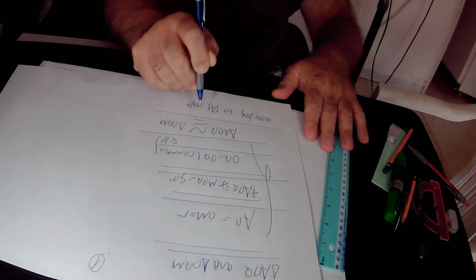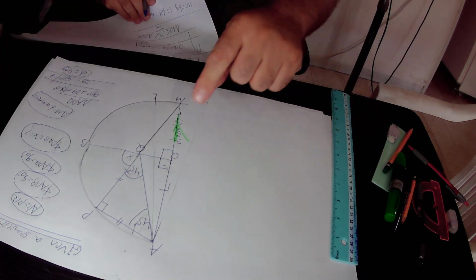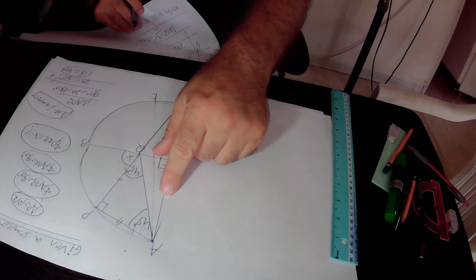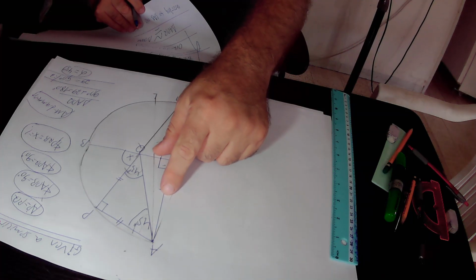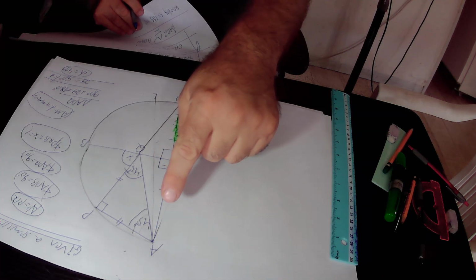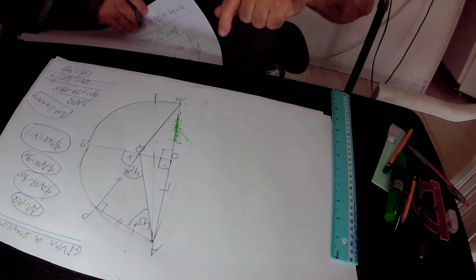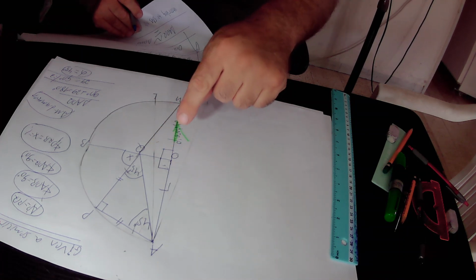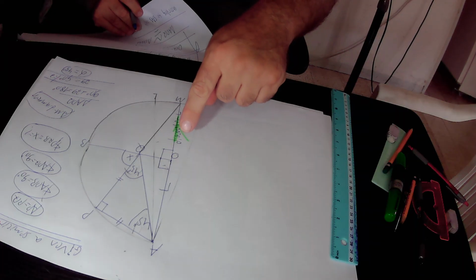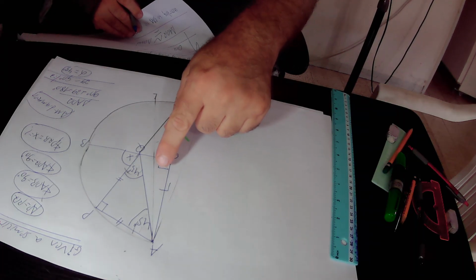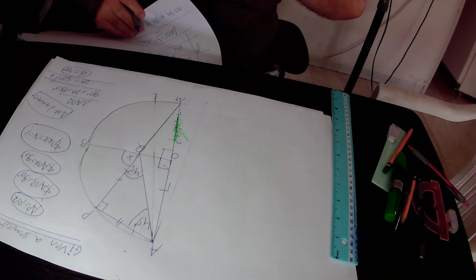That is to say that we found out that those two sides and the angle included between those two sides in the upper right triangle AOQ are correspondingly equal to those two sides and the angle included between those two sides in the lower right triangle OQM. And therefore those two right triangles can go into each other according to side angle side rule.